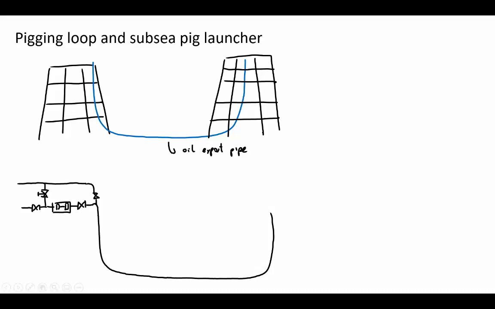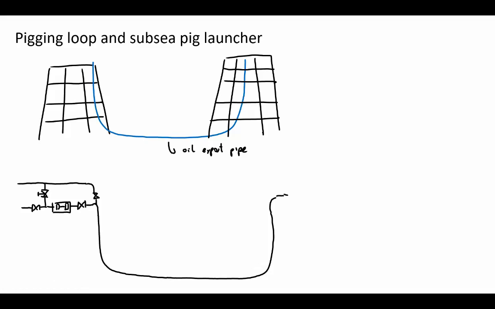Then you start circulating fluid. In this case, it can be dead oil, for example. It circulates through here and reaches the end. Then at some point you close this valve, open this valve, and open this valve, and then you start pushing the pig. It enters the pipe, and then it is pushed all the way to the next end. In the other end you have something similar.